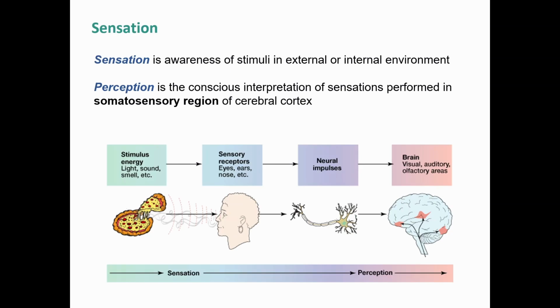These terms are very similar, but technically different, and we want to understand those differences. Sensation is your body's awareness that there has been some sort of stimulus. Perception is your conscious awareness of some sort of stimulation or change.